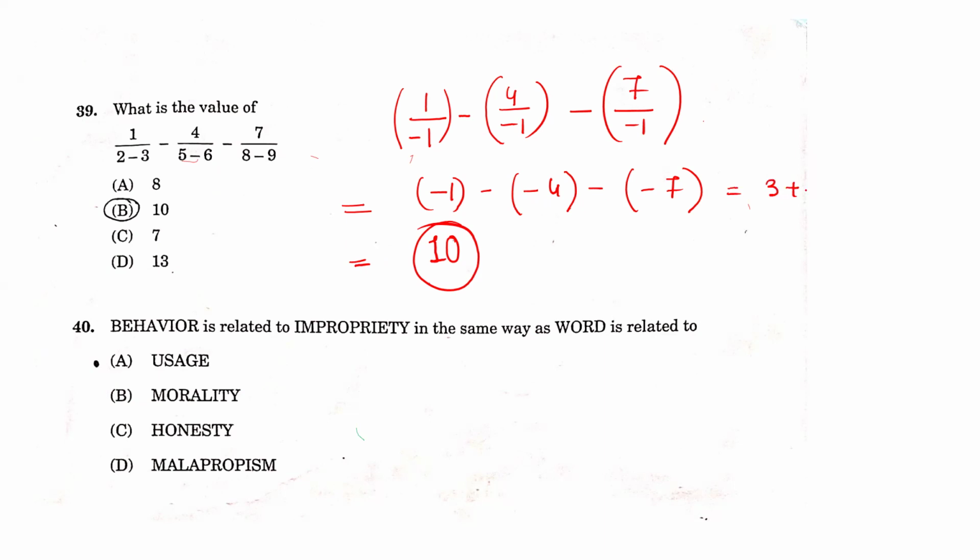Actually, this is 3 plus 7, which is equal to 10. So our correct answer is B, 10.